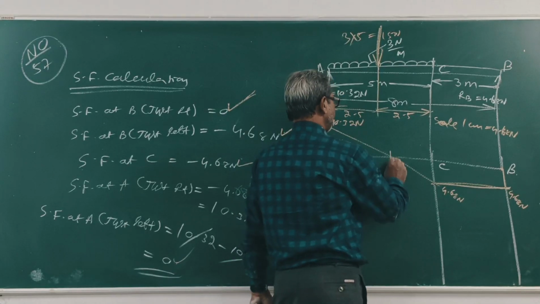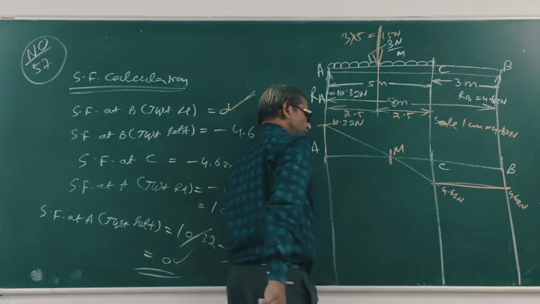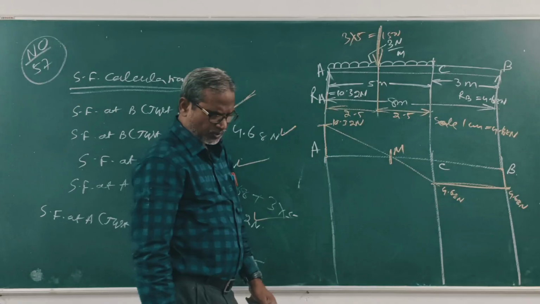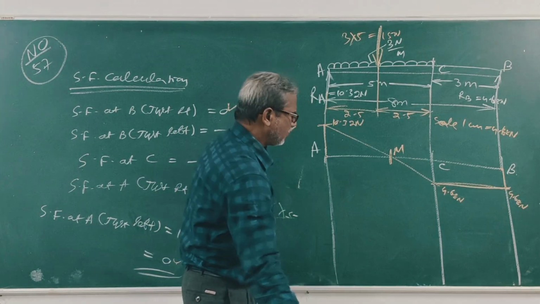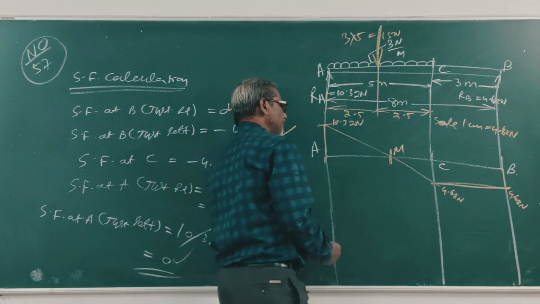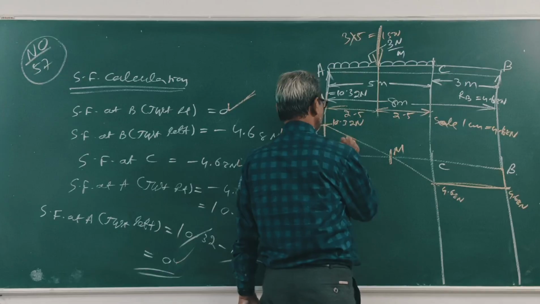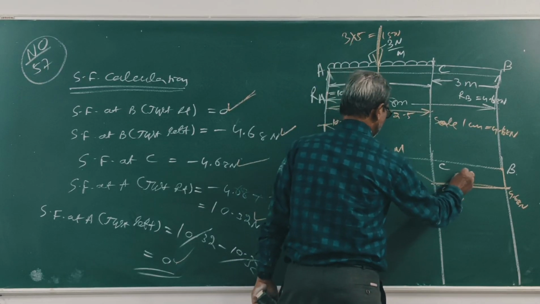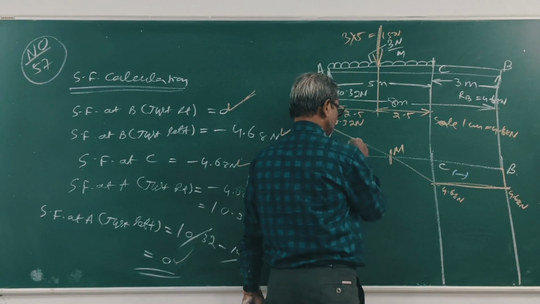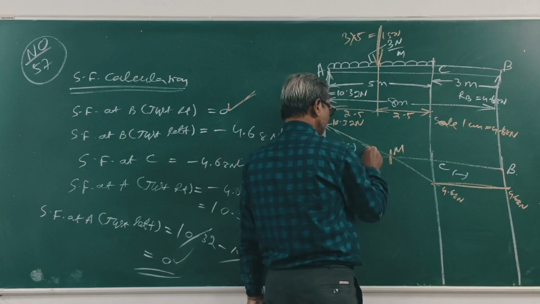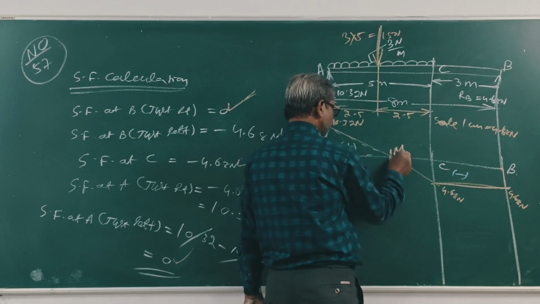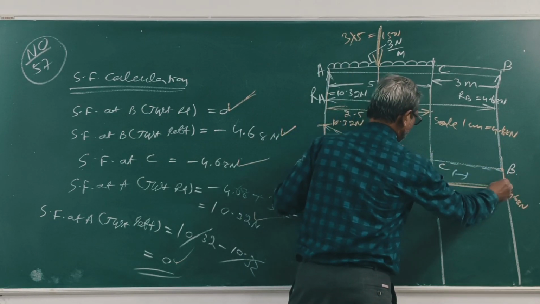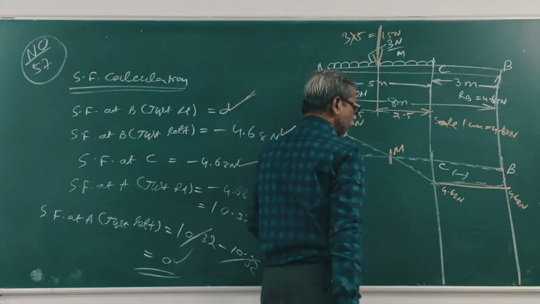This is point M. At point M, the shear force changes its sign from positive to negative. This is plus, this is minus. Clear? So at this point, the bending moment is maximum. So first find out where the point M lies.